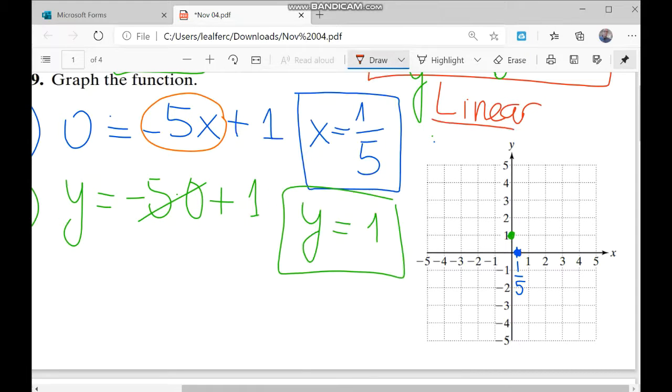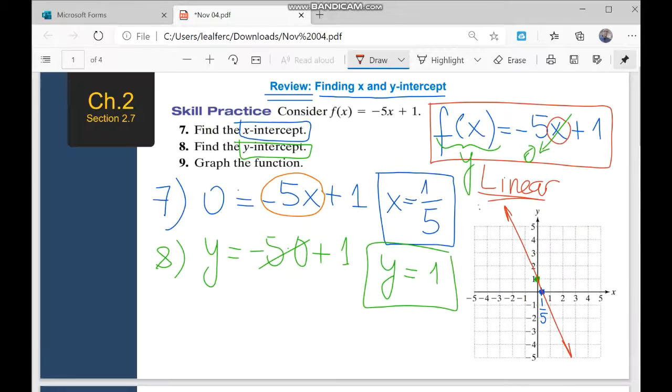And we know it's a linear function, so we will connect the dots with a straight line. This is the line that represents the function f of x equals negative 5x plus 1.